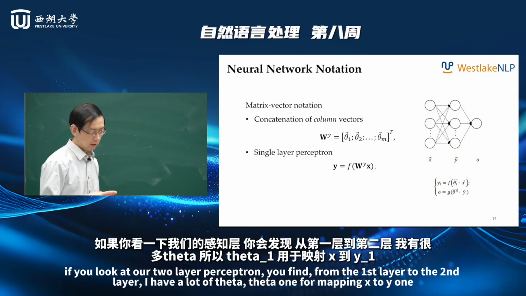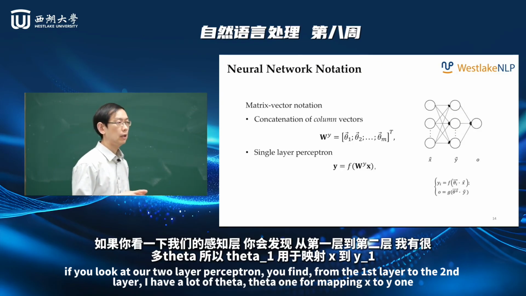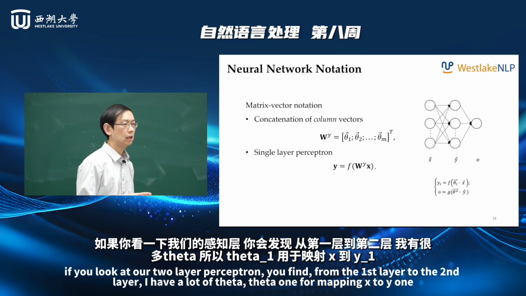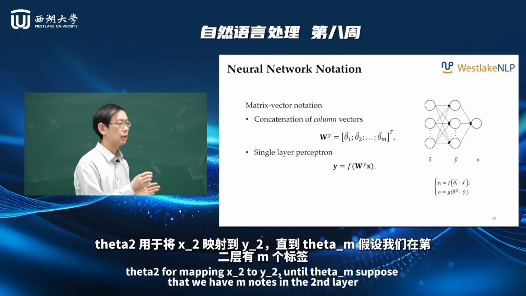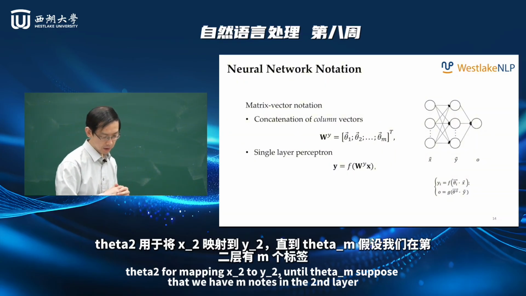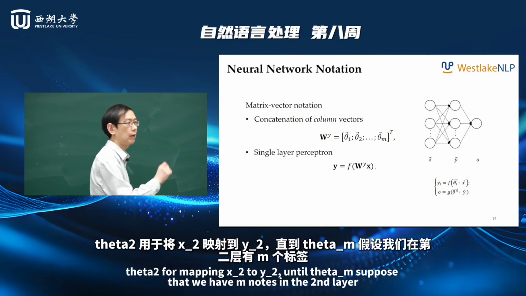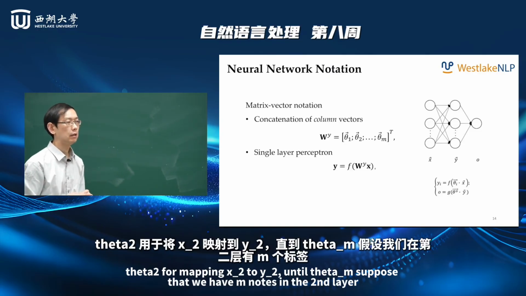So if you look at our 2-layer perceptron, from the first layer to the second layer, I have a lot of thetas, right? Theta 1 for mapping x to y1, theta 2 for mapping x to y2, until theta m. Suppose that we have m nodes in the second layer.